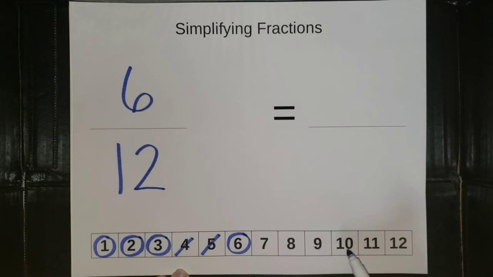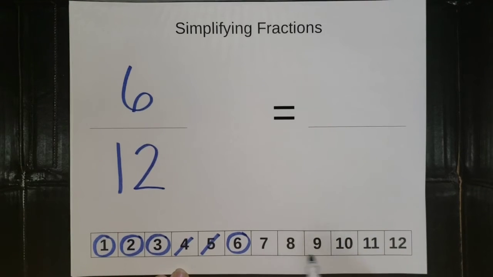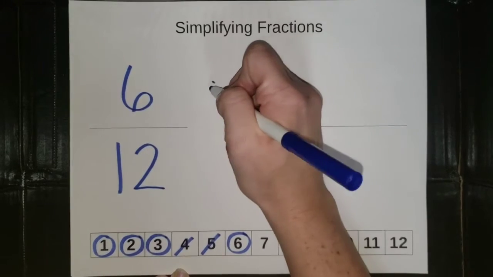I could keep going, but it's not necessary because these are not common factors of 6, or factors of 6, excuse me. So seeing here, my greatest common factor is actually 6.